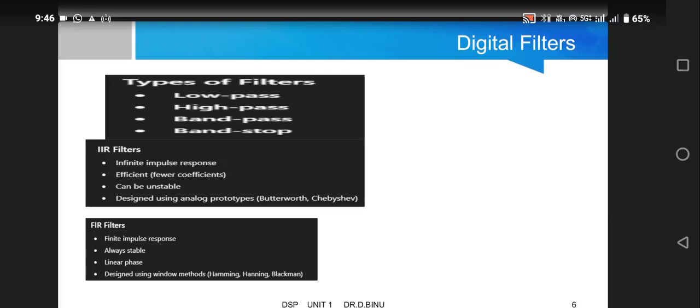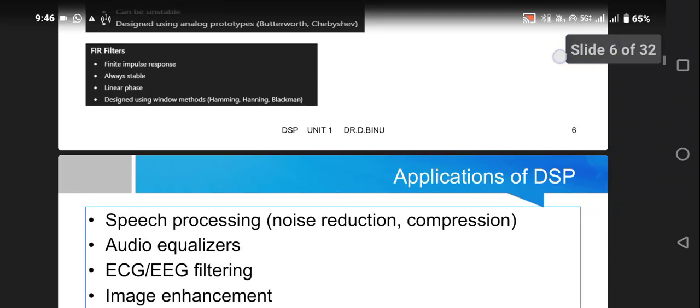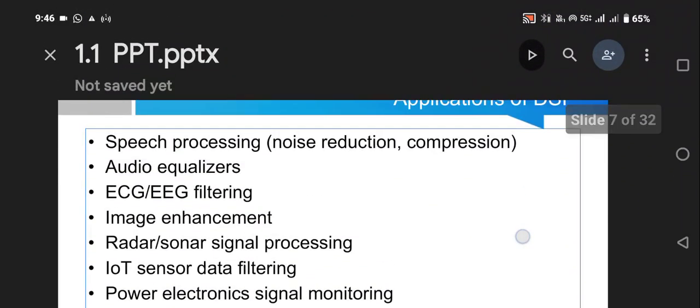The types of filters are low pass, high pass, band pass, and band stop filters. The important digital filters are IIR and FIR.